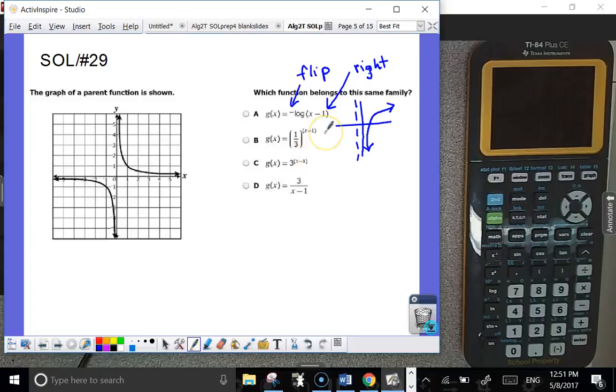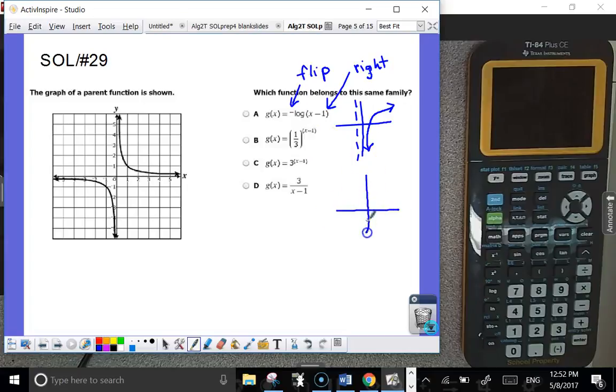Which one of these two, B and C, is exponential growth, and which one is decay? C is growth because the base is 3, which is greater than 1. And B is decay because 1/3 is less than 1. Okay, they look like both of them have been shifted one to the right, but we know what their graphs look like.